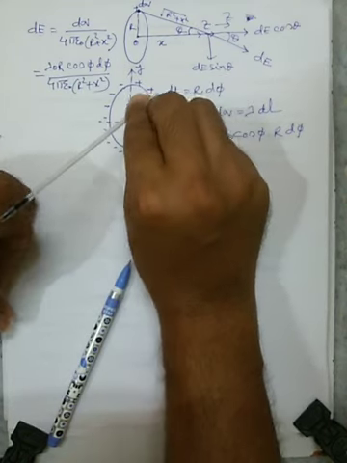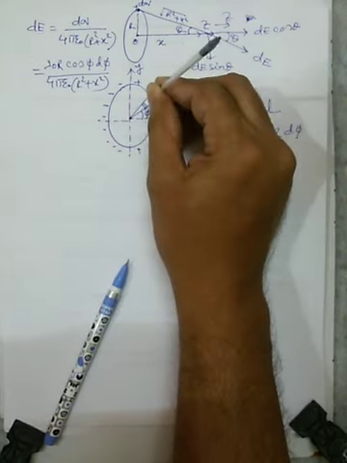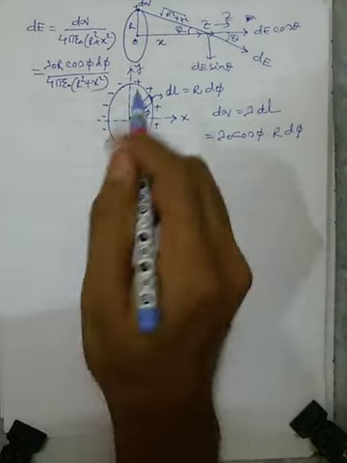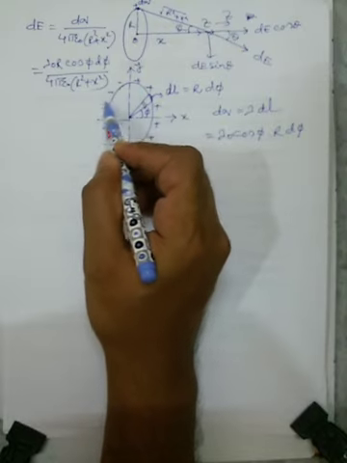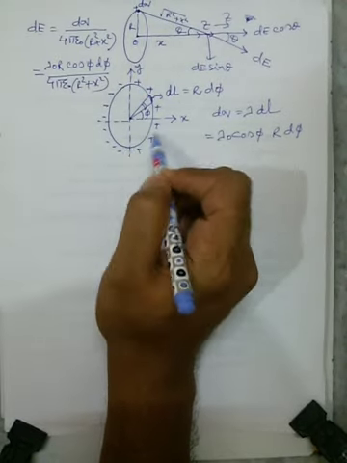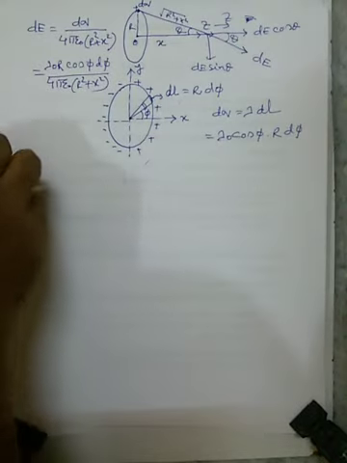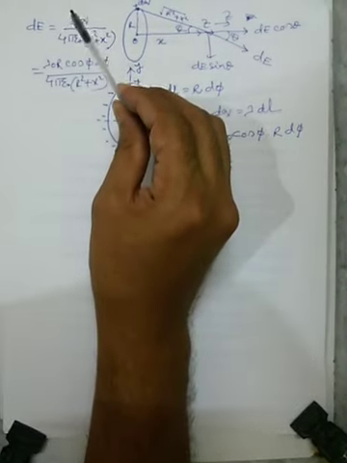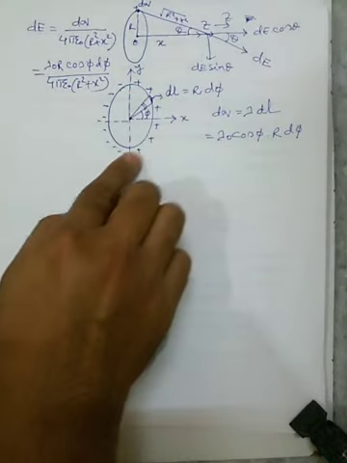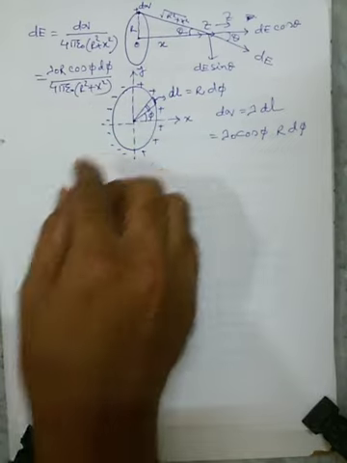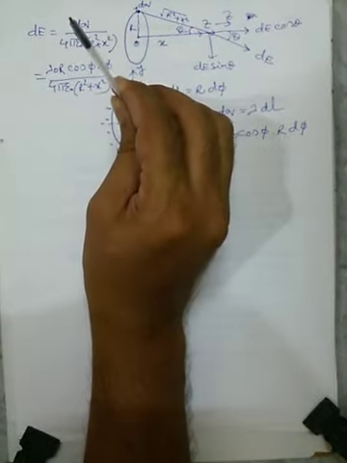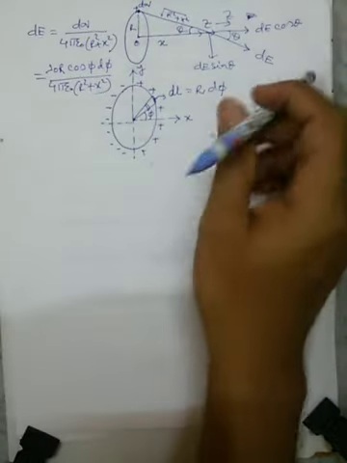This is z-axis, this is dE, and this is dE cos theta. Now in the very first problem in electrostatics, I told you about a trick: if the charge distribution is such that the net charge is 0, then the electric field along the z-axis will be 0. If this is the charge distribution, plus minus net charge is 0, then in a direction perpendicular to the plane, that is along the z direction, the net field will be 0.